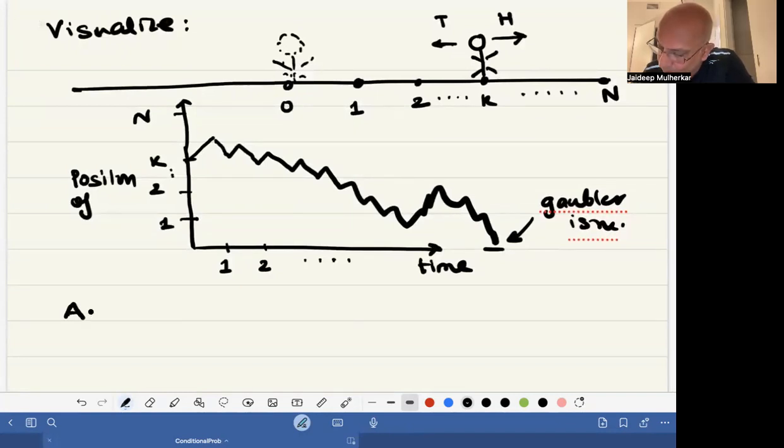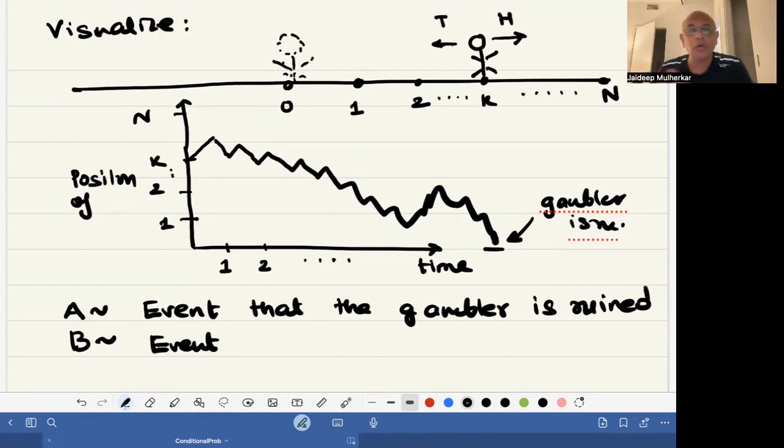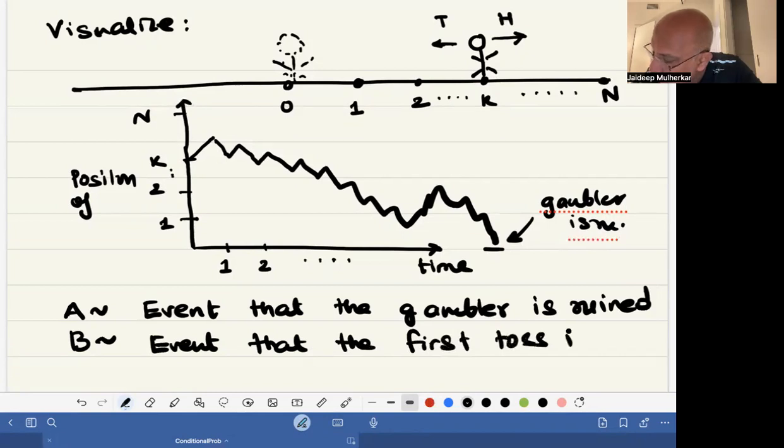So let A be the event that the gambler is ruined, and let B be the event. We are going to condition on the event B, the event that the first toss is a head.